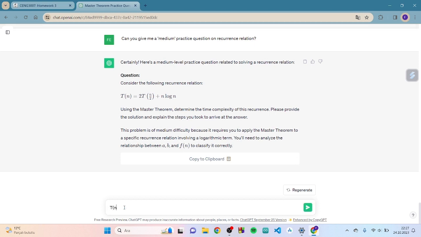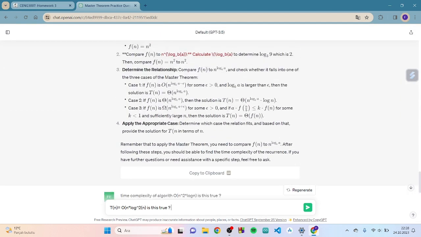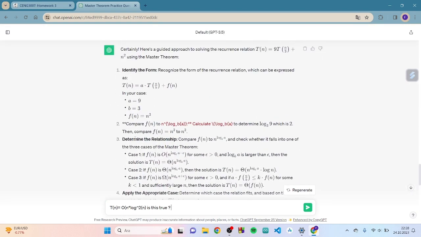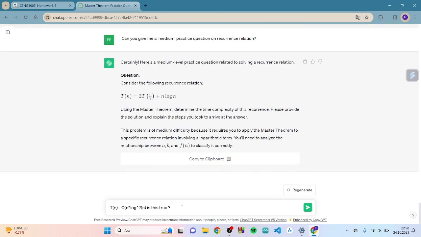actually T(n) equal to O(n) to n. I think this one I ask, is this true? Because I use the case 2, and okay, I ask.